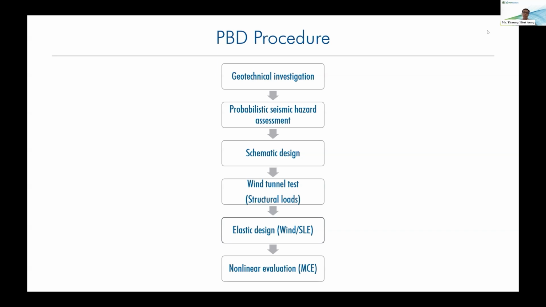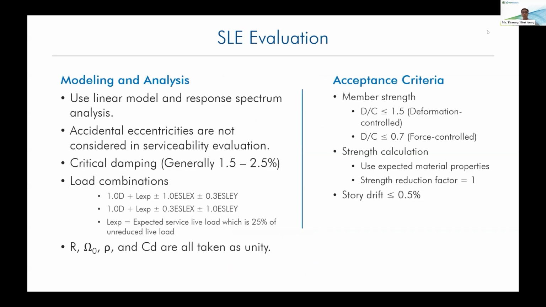After getting the elastic design results, MCE and linear evaluation is carried out. So in SLE evaluation, response spectrum analysis is conducted, and we do not reduce the base shear of the response spectrum analysis like in design earthquake. And we consider R value, omega value, rho value, Cd value, all are considered as unity, all are equal to 1.